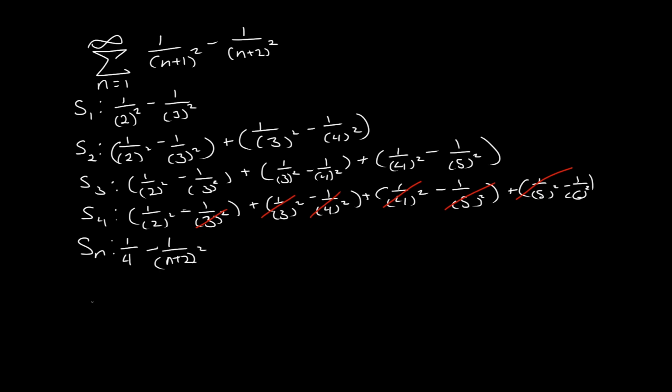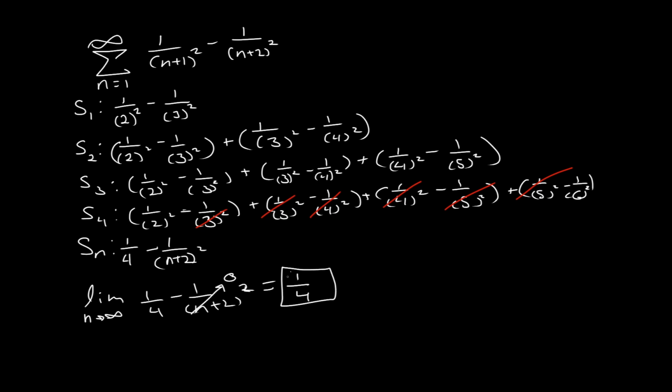And now if we take the limit as n approaches infinity of minus 1 over (n plus 2) squared, once again, this will be bottom heavy. It'll turn to 0, and we are left with 1/4 as the sum.